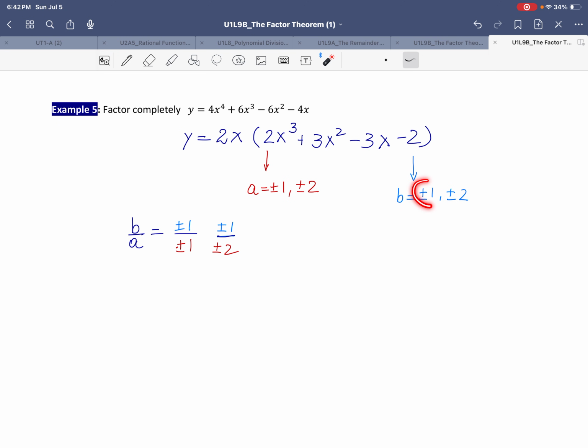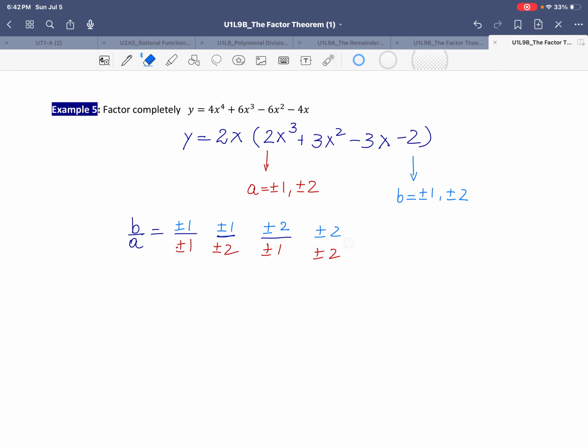So we divide this number by each a value. And now we'll continue again with the next b value, which is plus minus 2, divided by the first a value plus minus 1, and then plus minus 2 divided by plus minus 2.